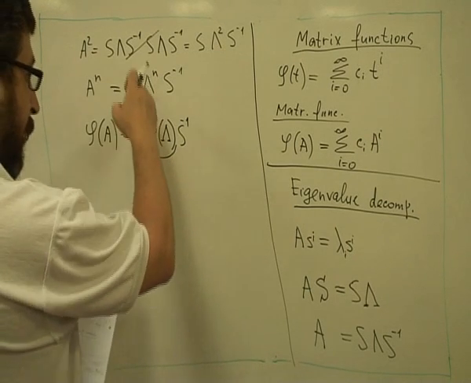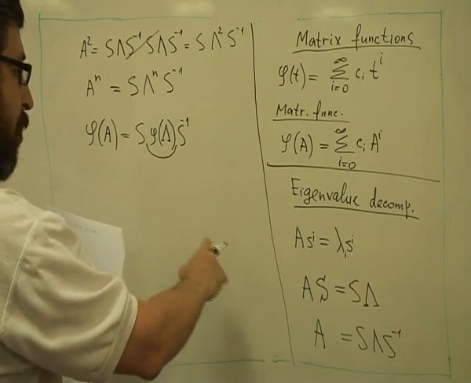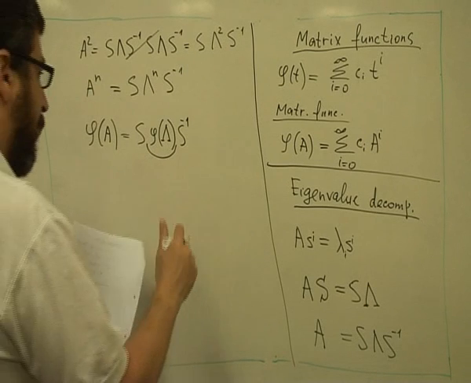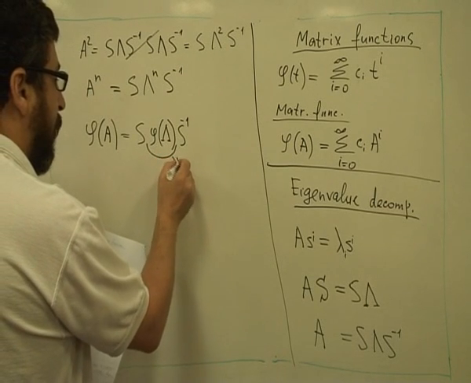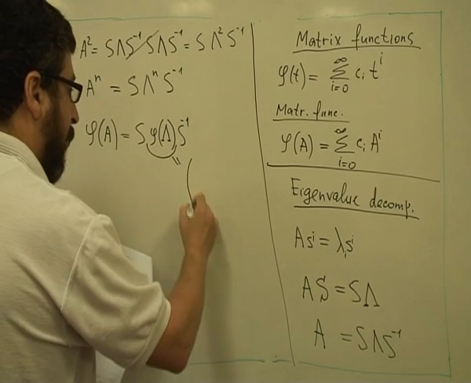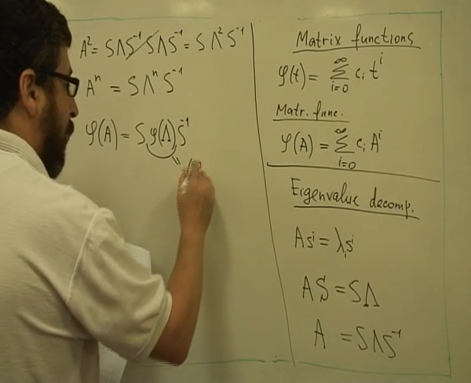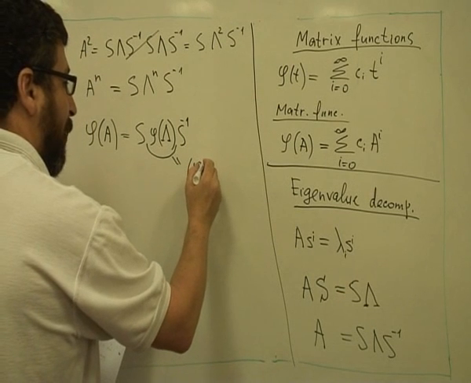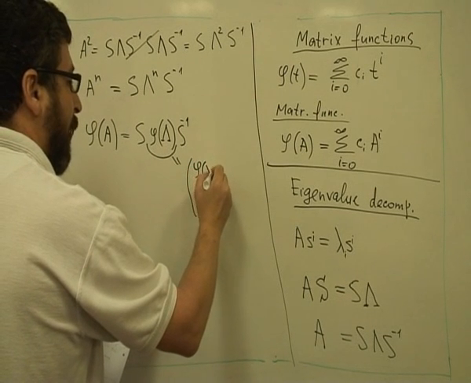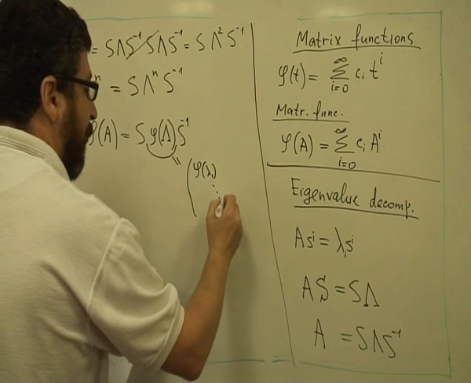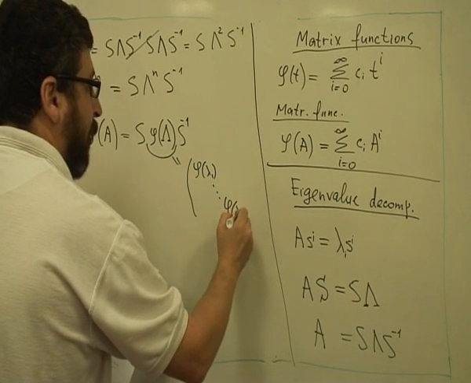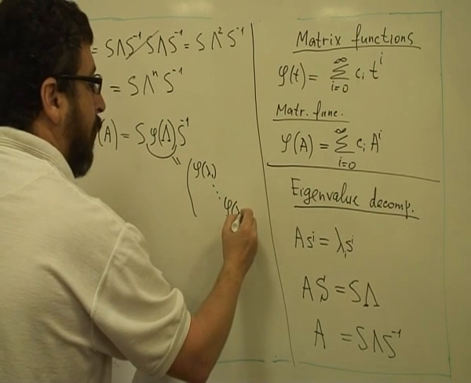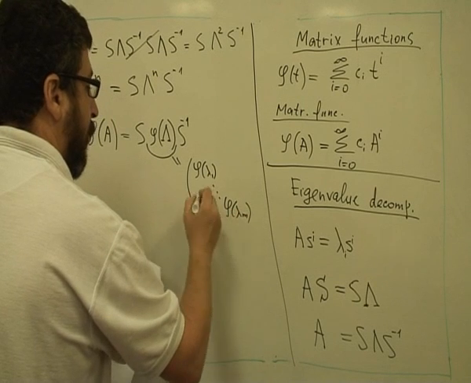It's taking this expansion of every diagonal entry. So phi of lambda is actually a diagonal matrix with my original scalar function: phi of lambda_1, up to phi of lambda_n, and here are zeros.